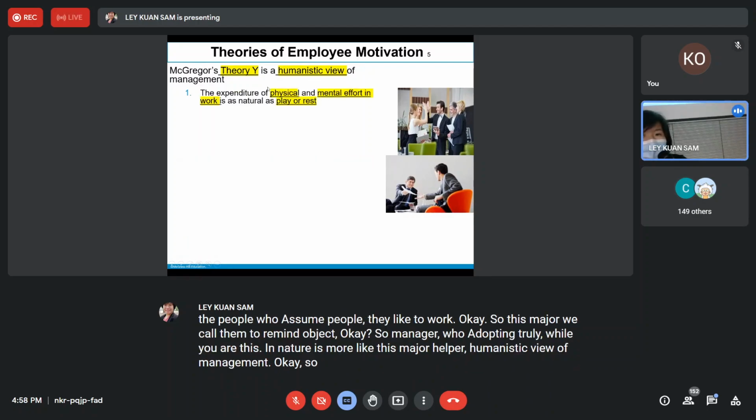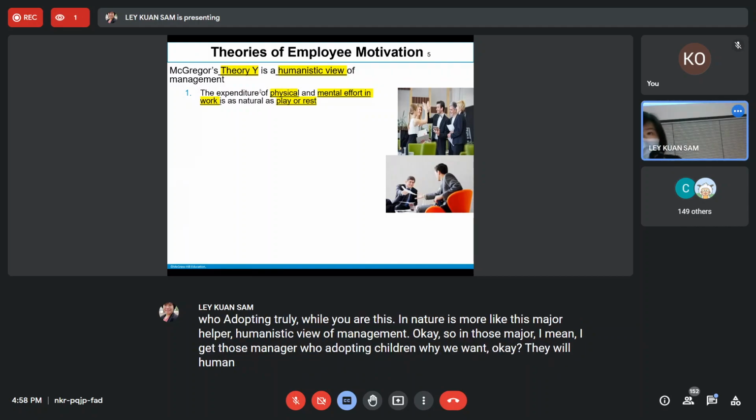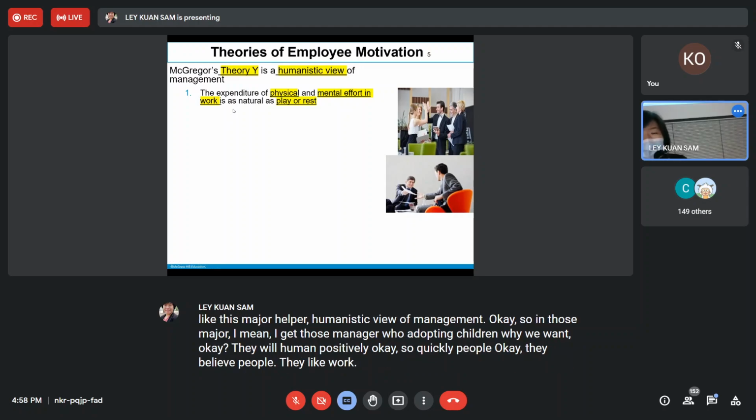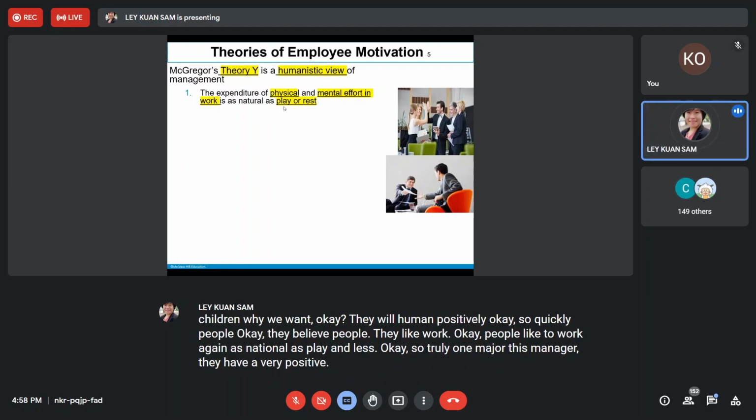They view human beings positively. They believe people like to work, as naturally as play and rest. So Theory Y managers have a very positive view of people.